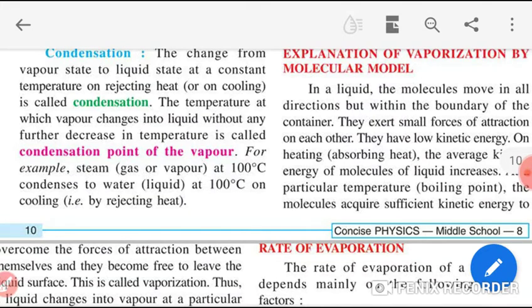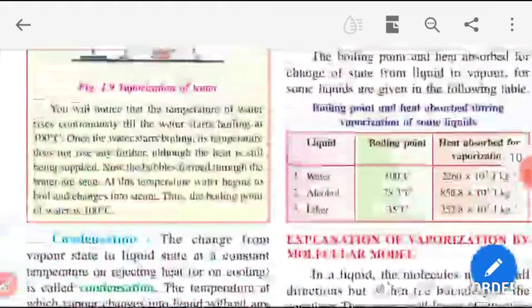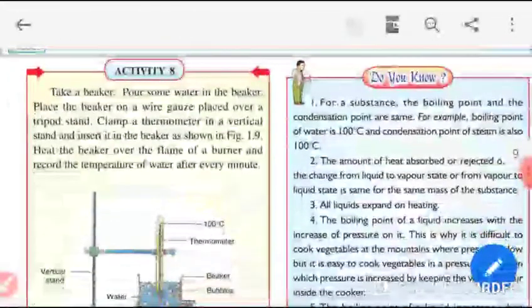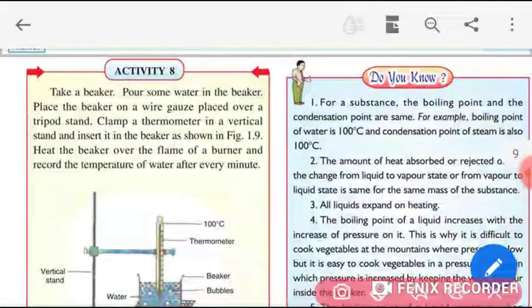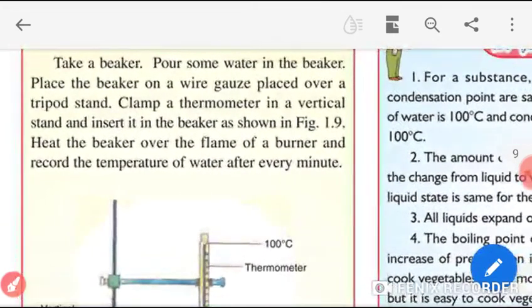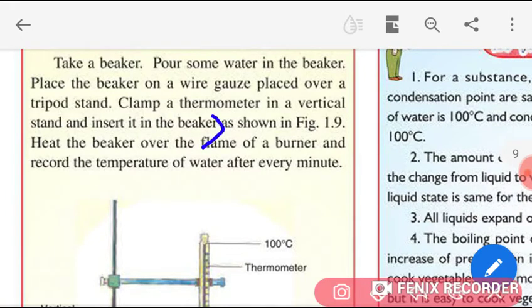One activity is given on this page, activity number 8. From here you have to write: take a beaker, pour some water in the beaker, place the beaker on a wire gauze placed over a tripod stand, clamp the thermometer in a vertical stand and insert it in the beaker.